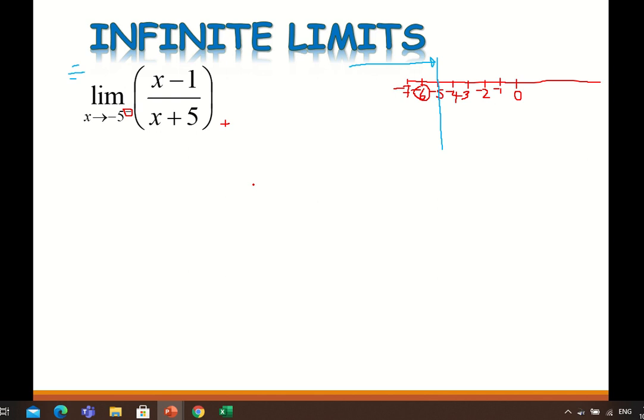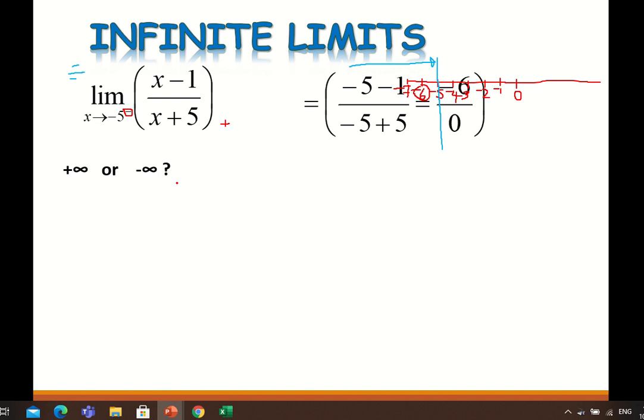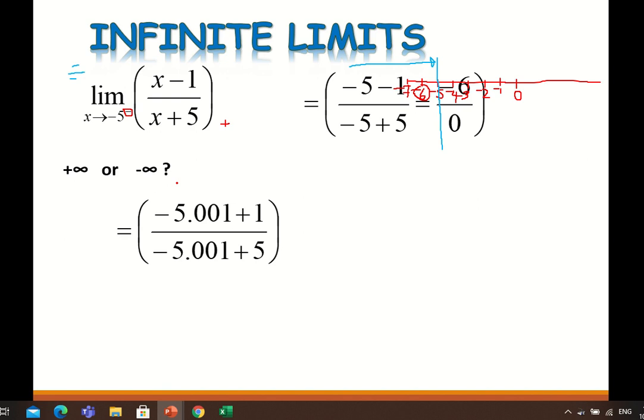Okay, so in short, what is the sign of the infinity here, positive or negative? These are the values that are very close to -5 from the left.